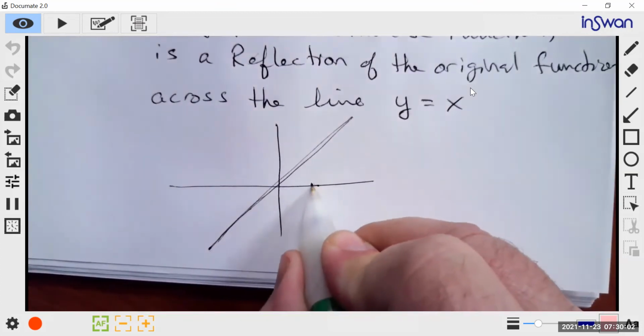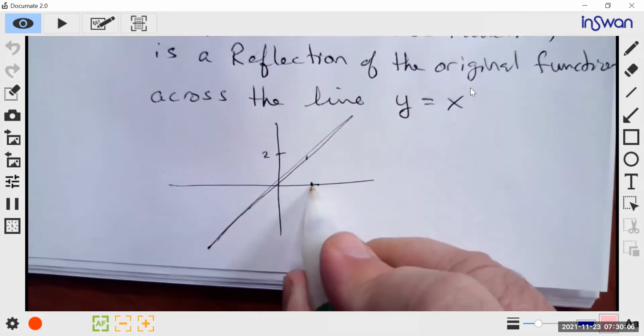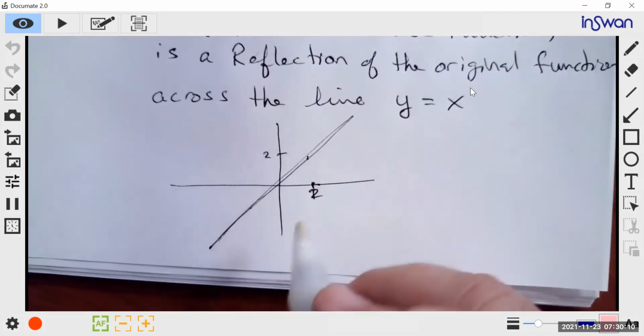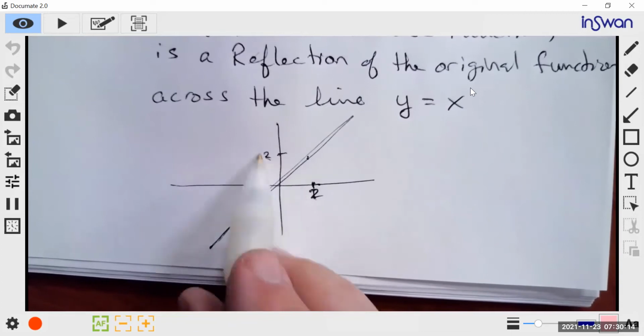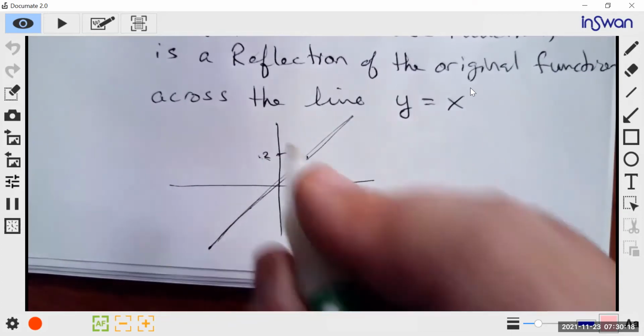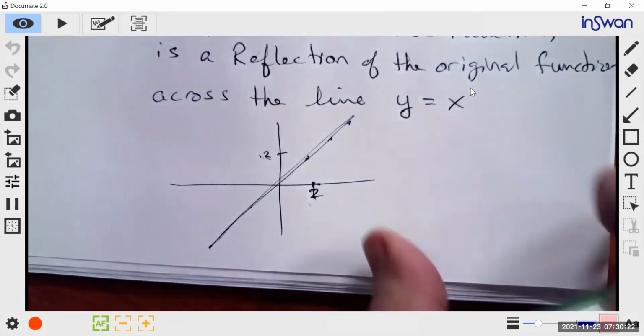For example, 2, 2, 3, 3, 4, 4. It works both ways. The reason it does that is because if I switch x and y, I still have 2, 2 on that line. We're going to look at other lines later on.